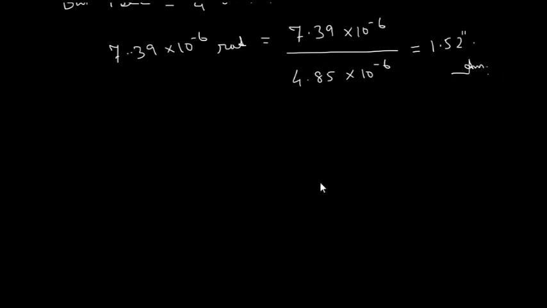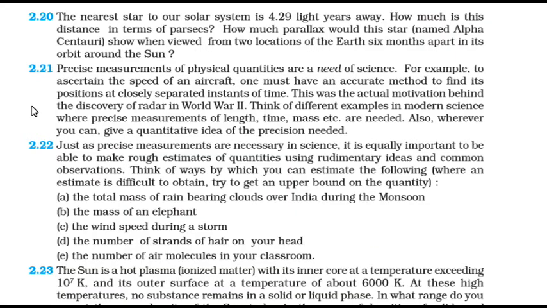Now let us move to the next sum, that is 2.21. Precise measurement of physical quantities are a need of science. For example, to ascertain the speed of an aircraft, one must have an accurate method to find the position at closely separated instants of time.